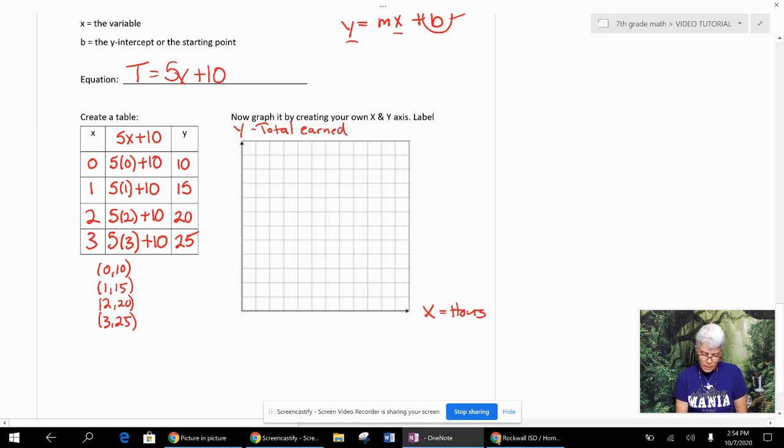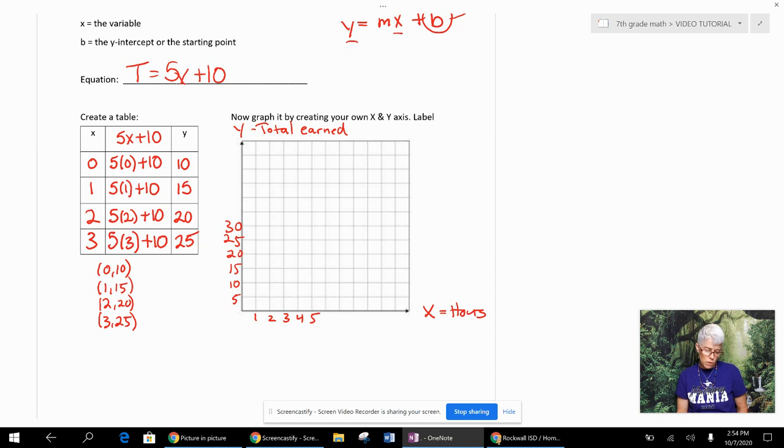Let's just pretend each one of these is 1, 2, 3, 4, 5, and then let's have these be 5, 10, 15, 20, 25, 30. You could do different increments; this is what I've chosen to do. If you're tested on this, the increments will already be there. You just have to match them up. So I went with 1, 2, 3 for the x's and 5, 10, 15 for the y's.